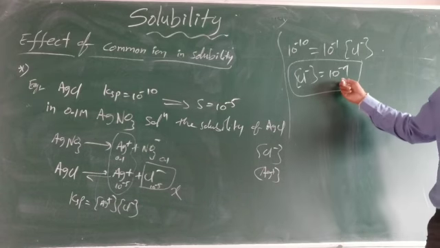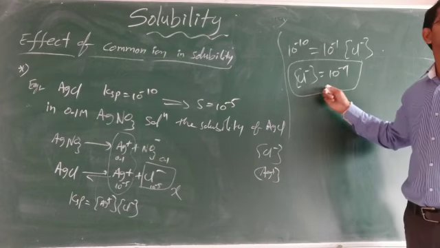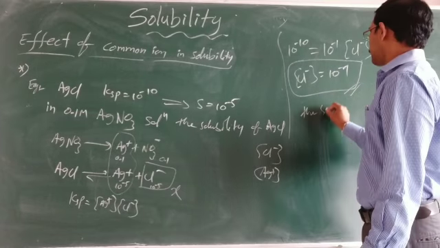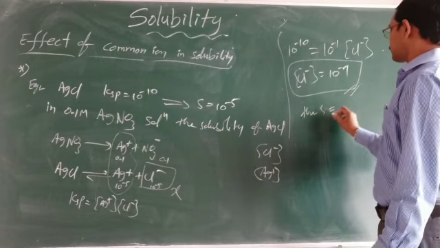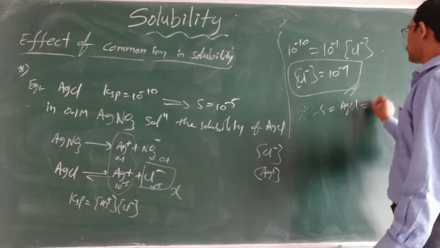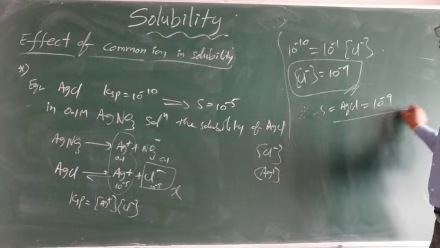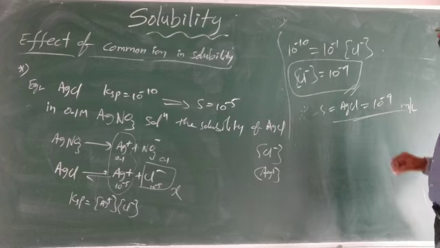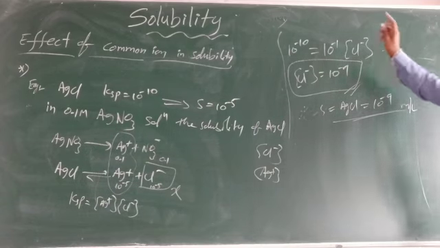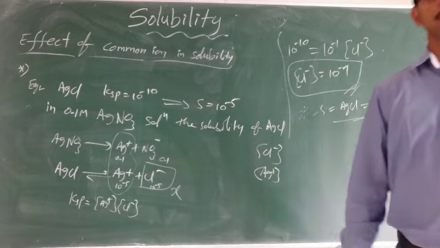Check how many times it is reduced. So this is the solubility: S of AgCl equals 10 power minus 9 moles per liter. What is the Cl minus concentration? That is equal to the AgCl solubility.